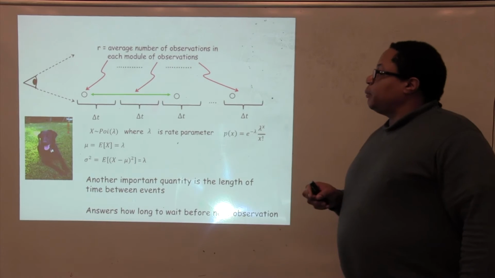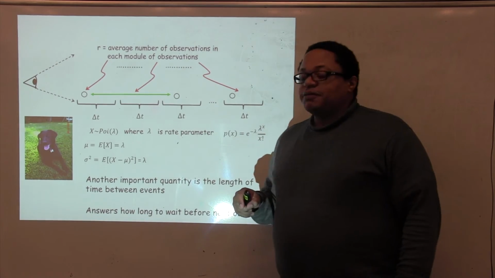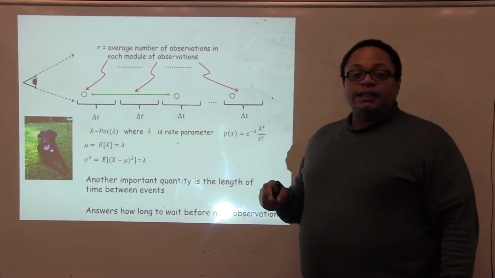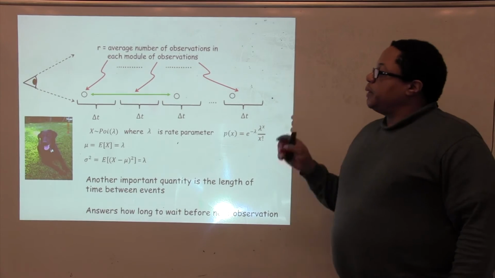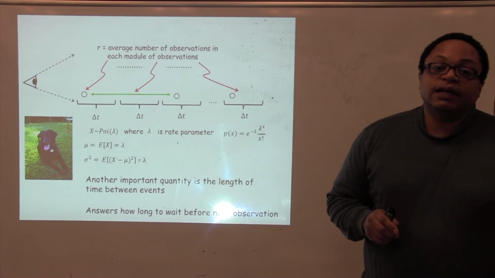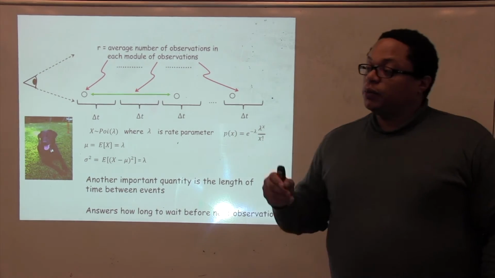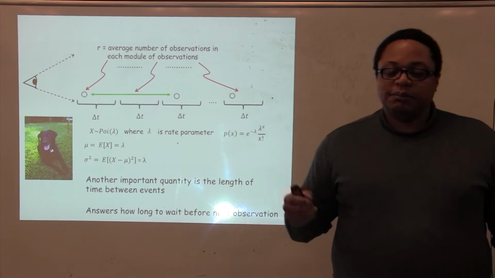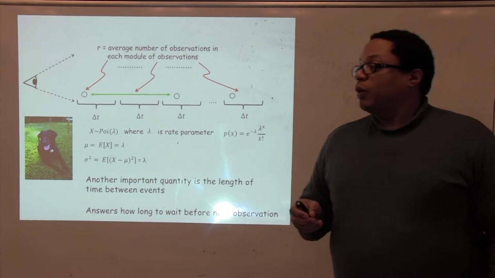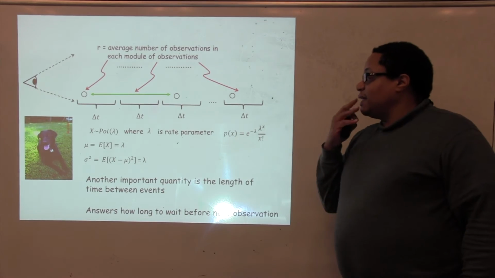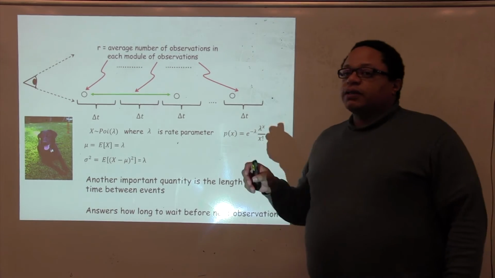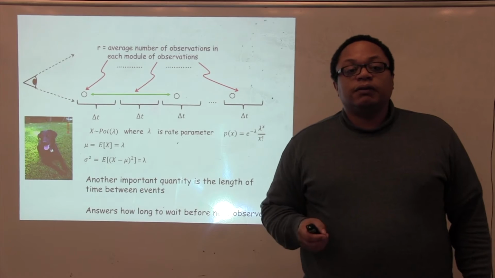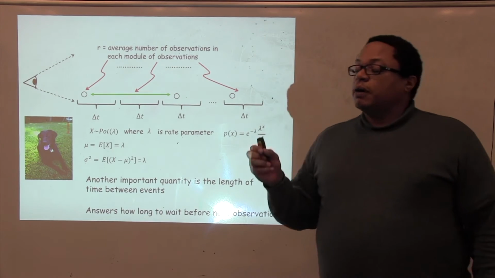To draw your memory, we have a set of events that we observe in time over modules of observation delta t. The only requirement, as we had discussed, was that each of the delta t's should be the same. So delta t could be a second, 10 seconds, a minute, 15 minutes, an hour, what have you. With Poisson, we counted the number of events that we observe in a module of observation.